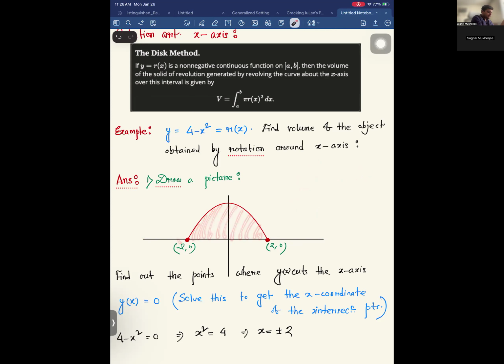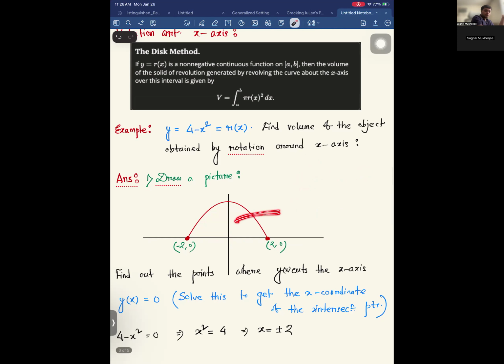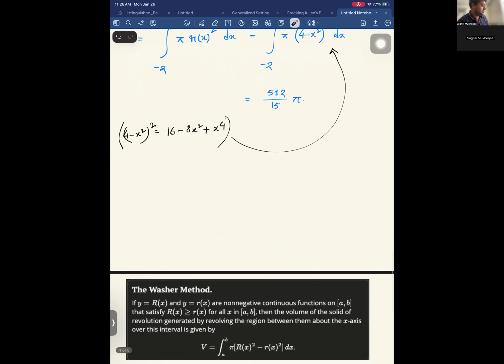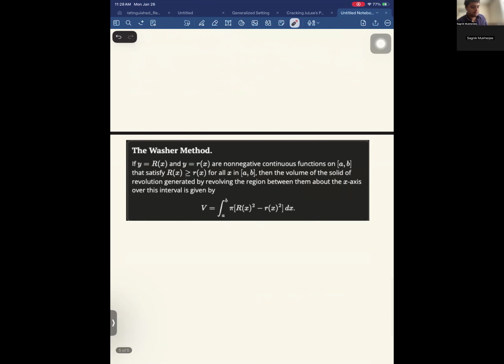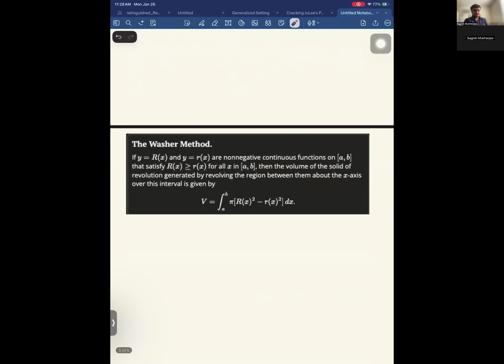You first of all consider the intersection points of the curve 4 minus x squared with the x-axis, which is nothing but y equals 0, right? The function y equals 0. And then you got the region, right? And then you rotate it. So this next theory is a generalized version of the previous setup.